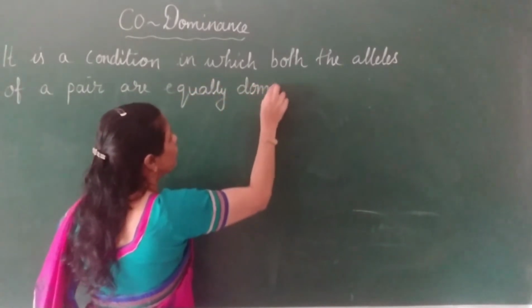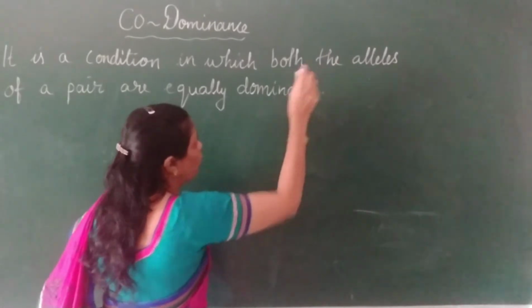Both the alleles of a pair are equally dominant.